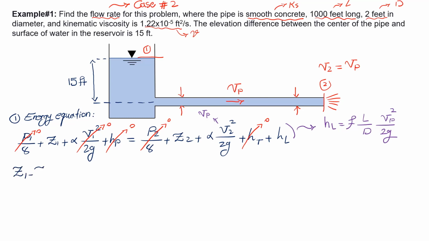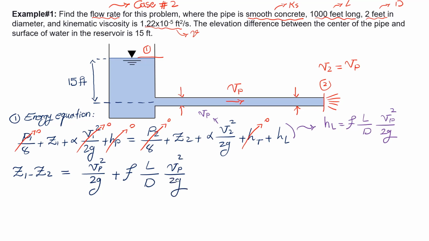Z1 minus Z2 would be equal to, alpha is equal to 1, so I will write velocity sub P to the power 2 divided by 2G plus F L over D velocity P to the power 2 divided by 2G.